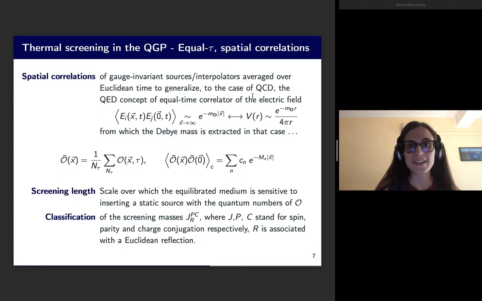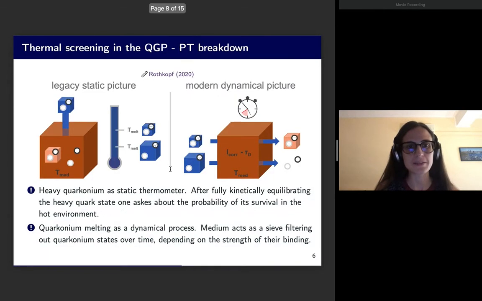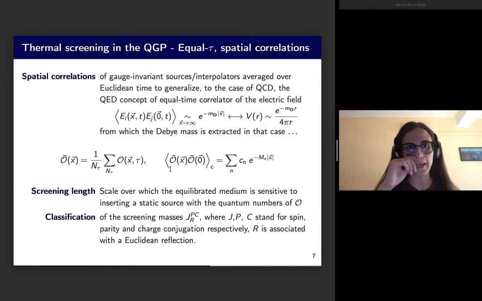All right, and then let us think about these equal time spatial correlations, which, according to what we just said, are our best guess or way of defining screening masses and screening length.